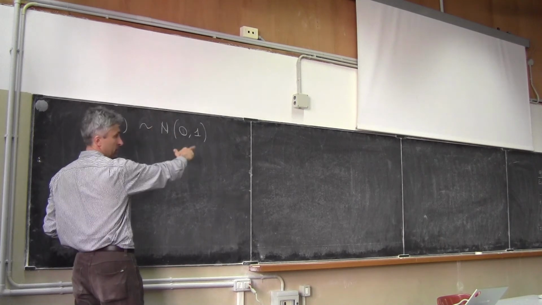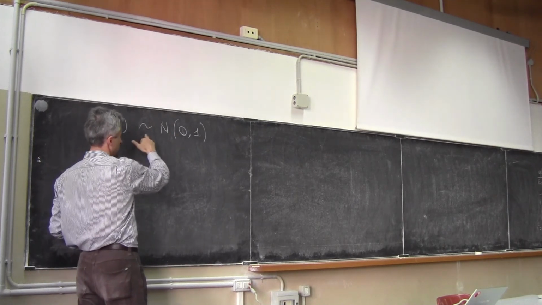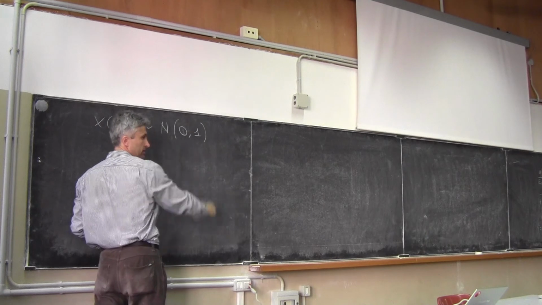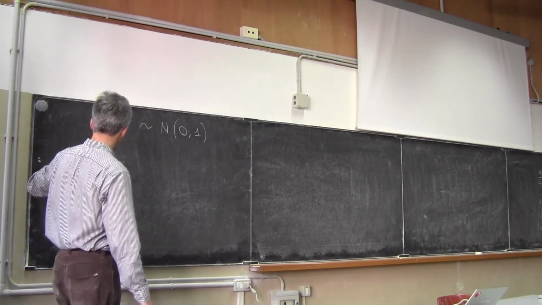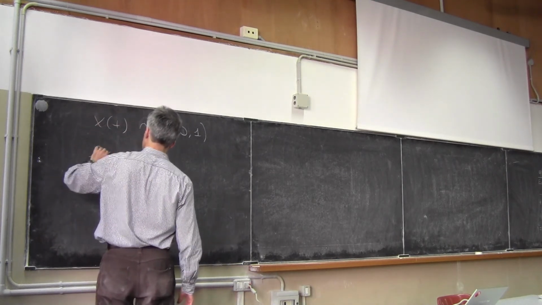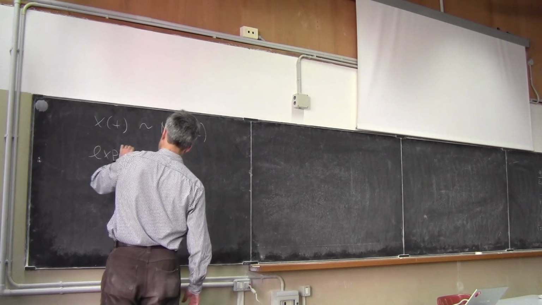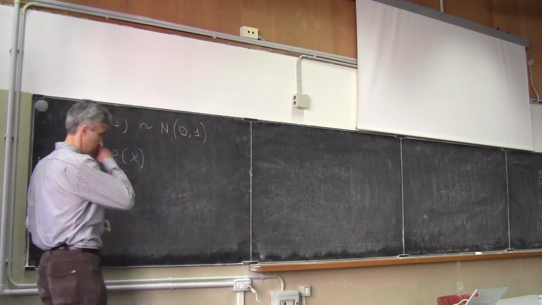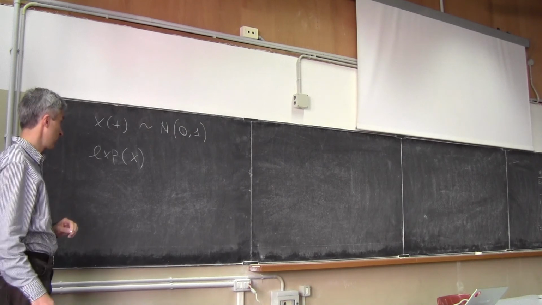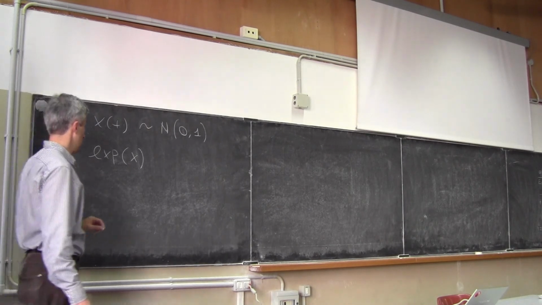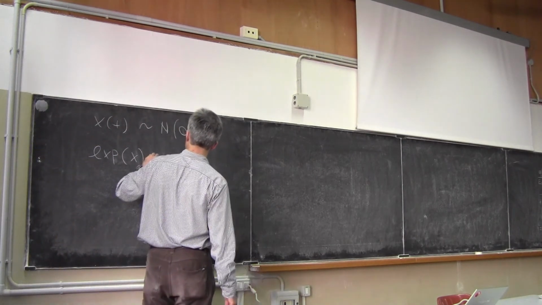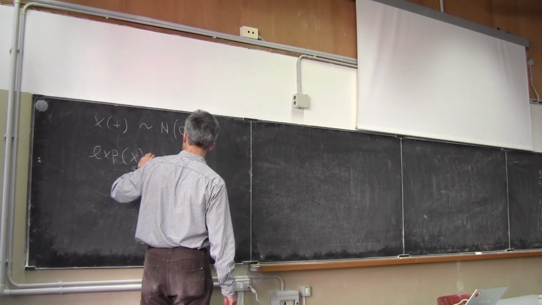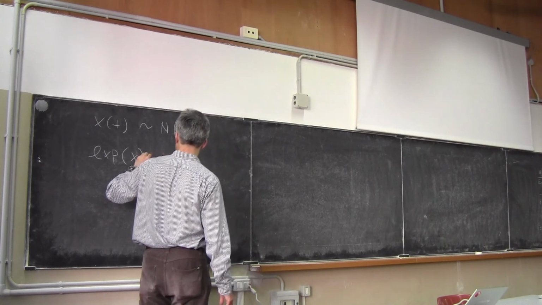So this writing means xt is Gaussian with mean 0 and standard deviation 1. And let's suppose that we take the exponential of x. And what do we obtain with this?